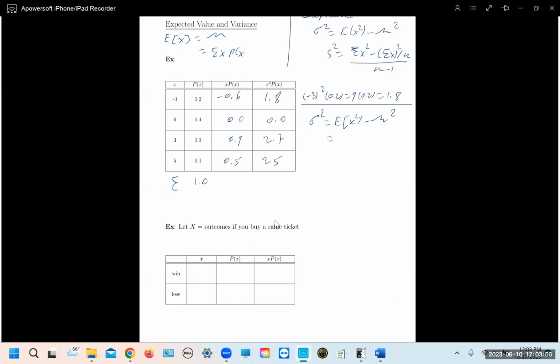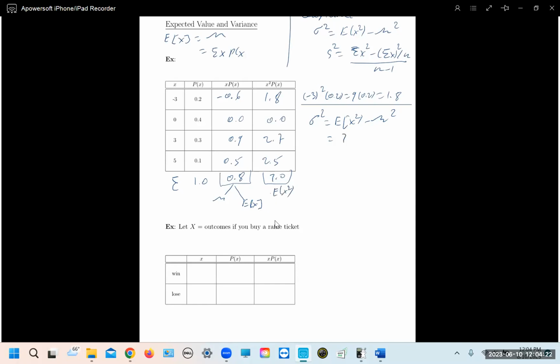This one should be 1, and this one is 0.8. This is the mu, the expected value of x. And this one is 7, which is E of x squared.